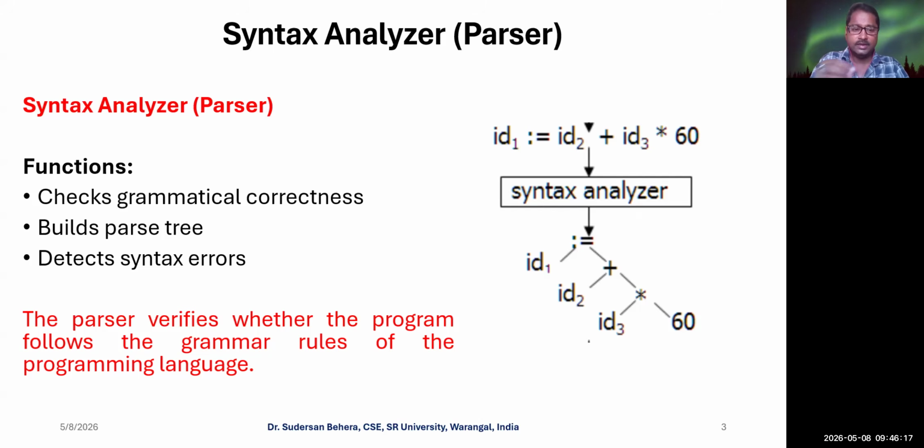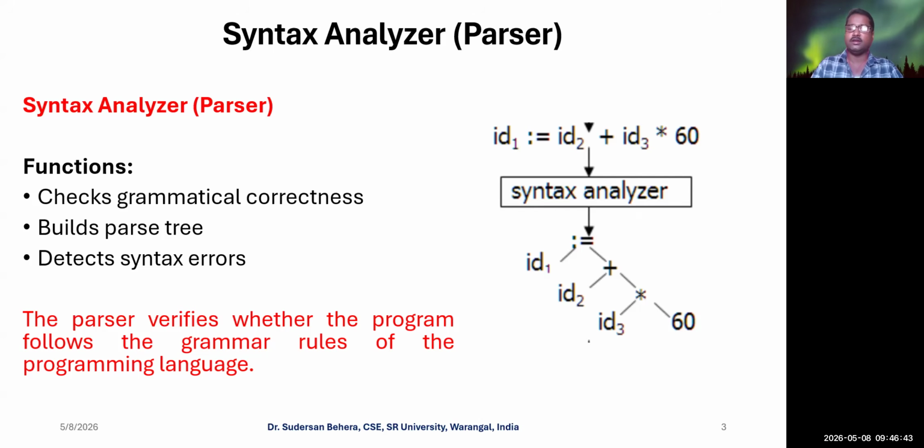Similarly, here also there is a predefined grammar known as context-free grammar. I hope you already studied in automata theory, or theory of computation, what the four types of grammars are. One of them is context-free grammar, which is used in the compiler.